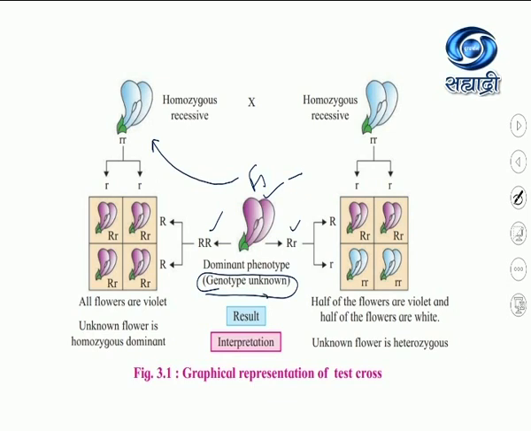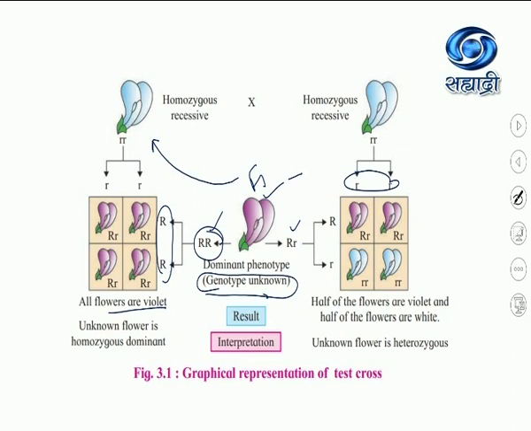Now if we are crossing this with a parent which is capital R, that is dominant, and we are crossing it with a recessive parent, and all the flowers in the next generation are violet, we will say that this plant has a homozygous condition.